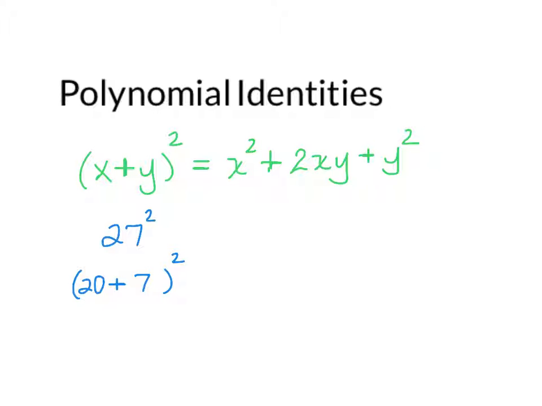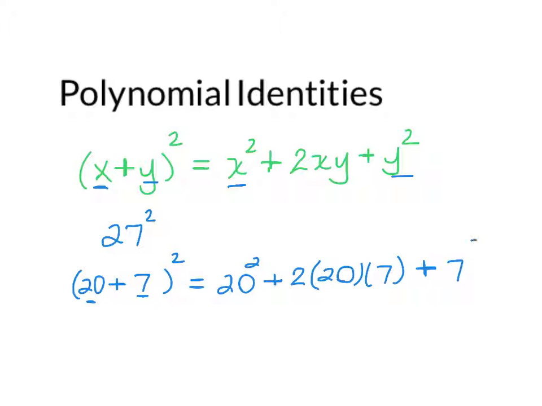Both of those numbers are easy to do multiplication with. So this is going to be equal to 20, which we set x equal to, and 7 is going to be our y. So we start off with x squared, well, that's simply 20 squared, plus 2 times our x, which we said is 20, times y, which is 7, plus y squared, and y is 7, so that's going to be 7 squared.